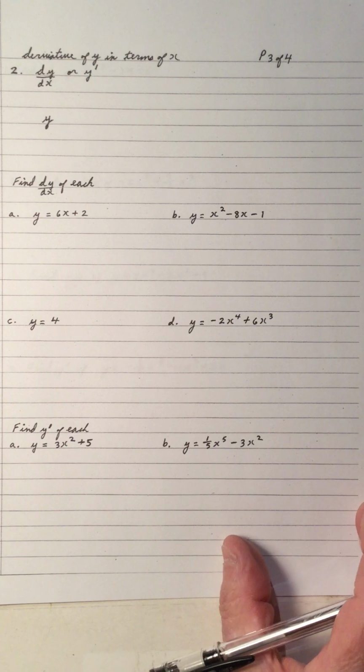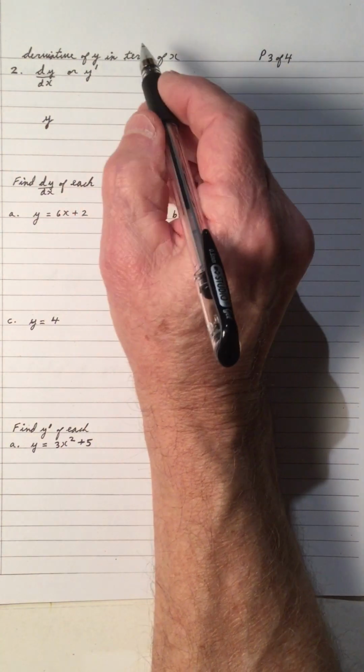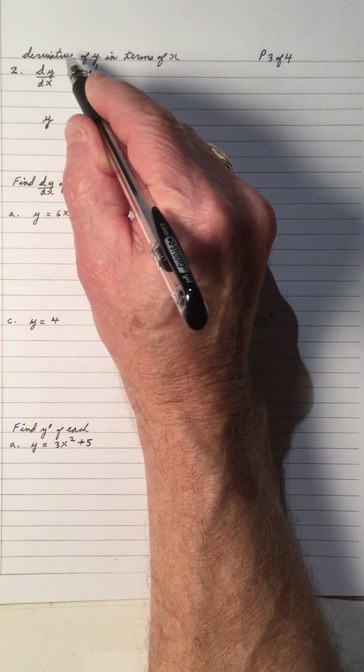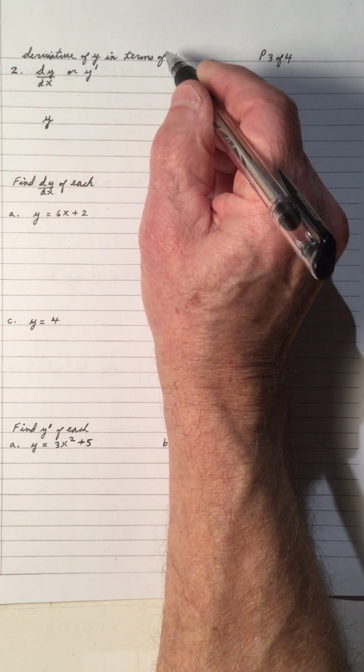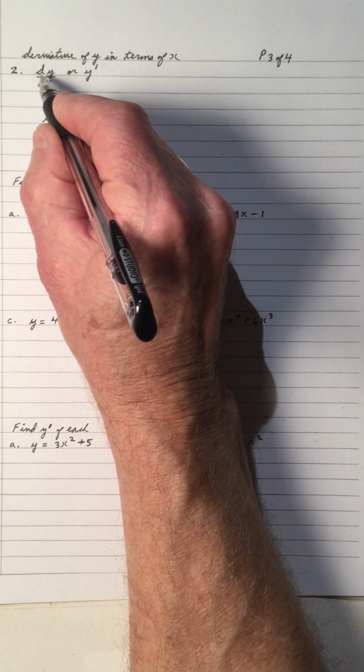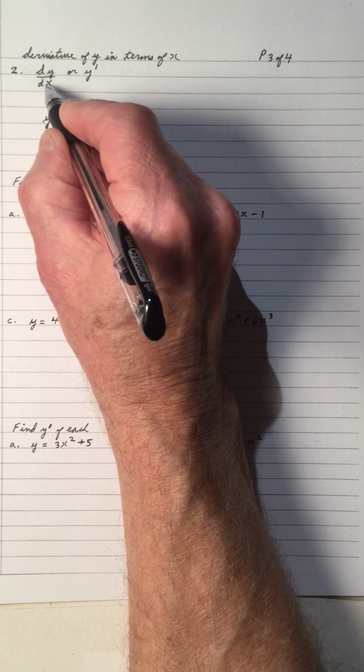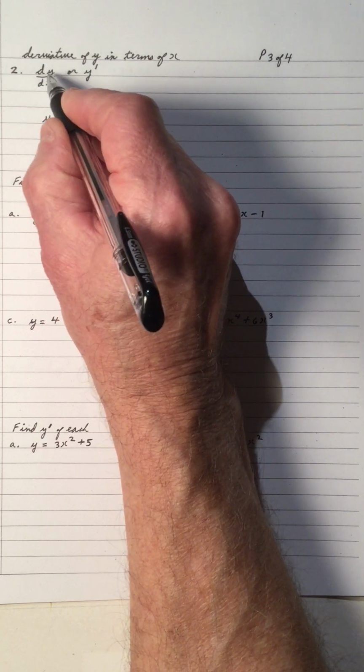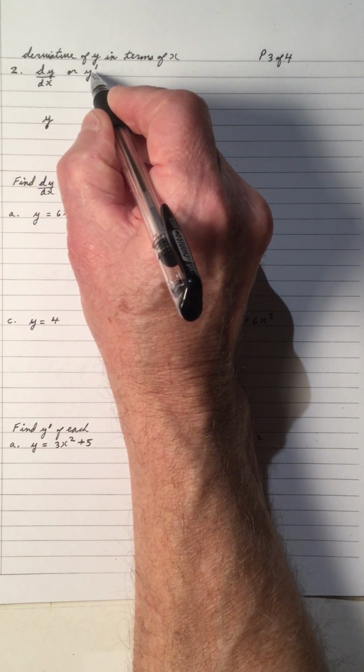Let's continue. Another way to write the derivative is to find the derivative of y in terms of x. So this is the derivative of y in terms of x, and it's called y prime.